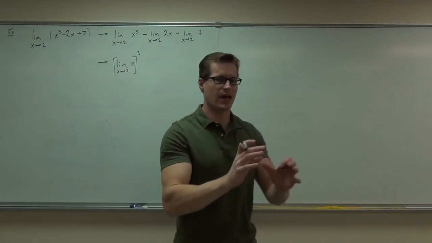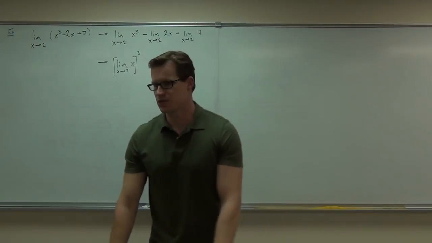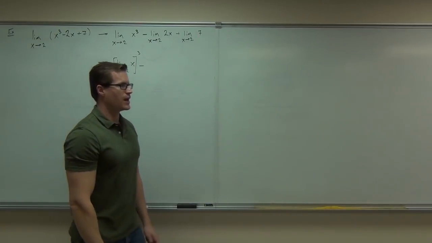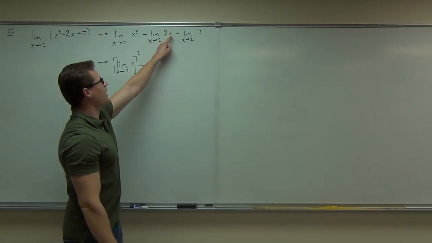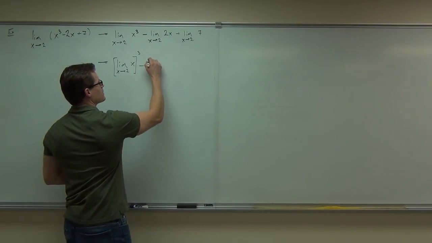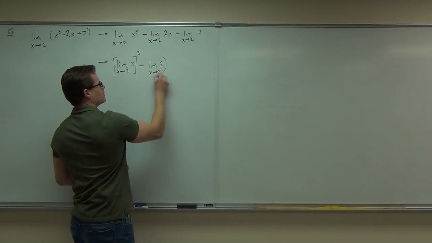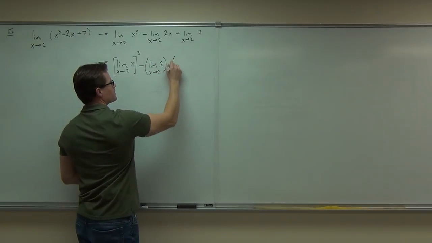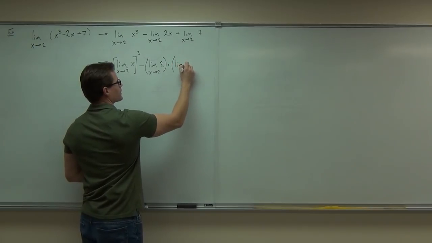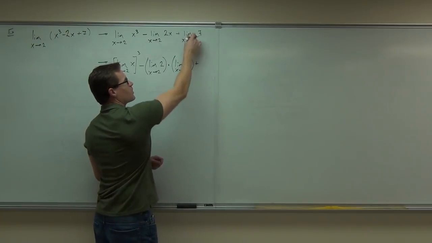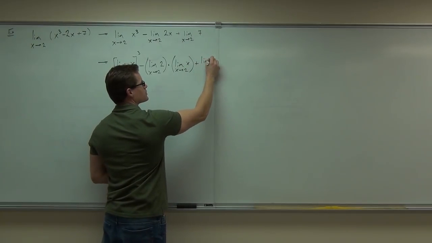It means I can take the limit of x and then cube whatever that happens to be. Another rule said that I can separate two limits by multiplication. So this would be the limit of 2 times the limit of x. Plus, that's already a constant. We'll deal with that in just a second.